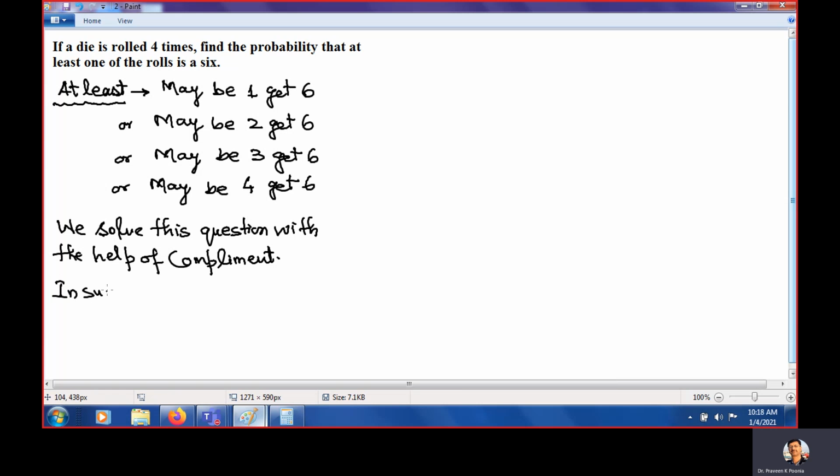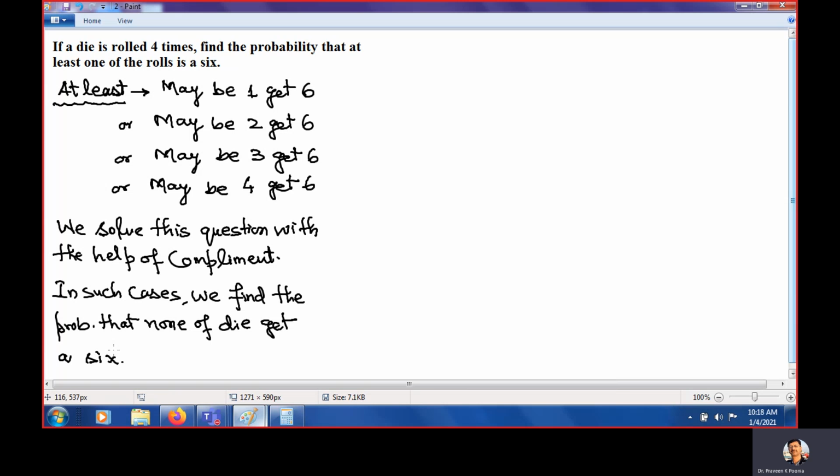In such a case, we find the probability that none of the dice get a 6. We will find that probability and then we will take the complement of it. This is the explanation of the problem.